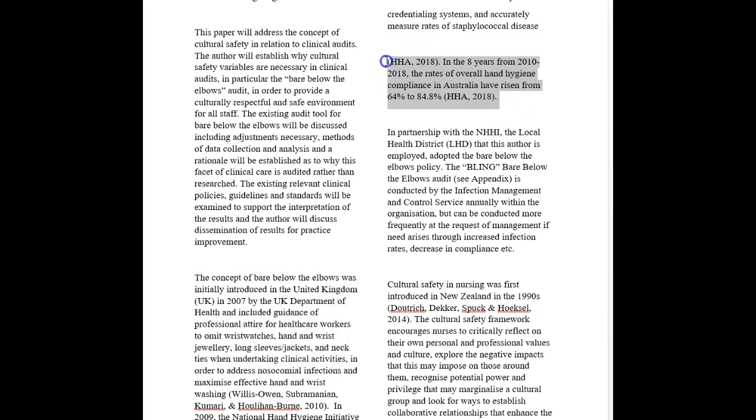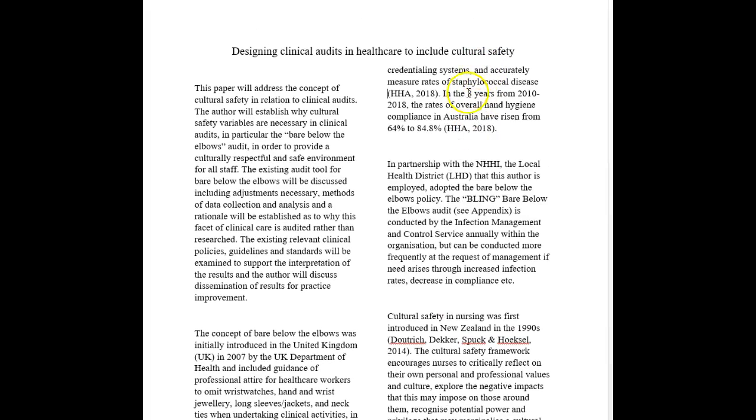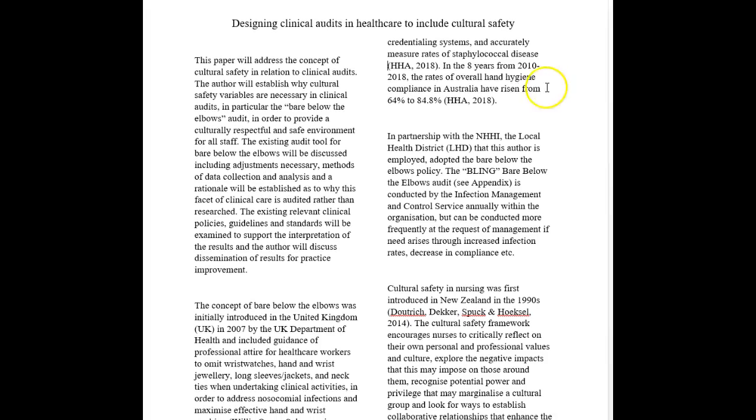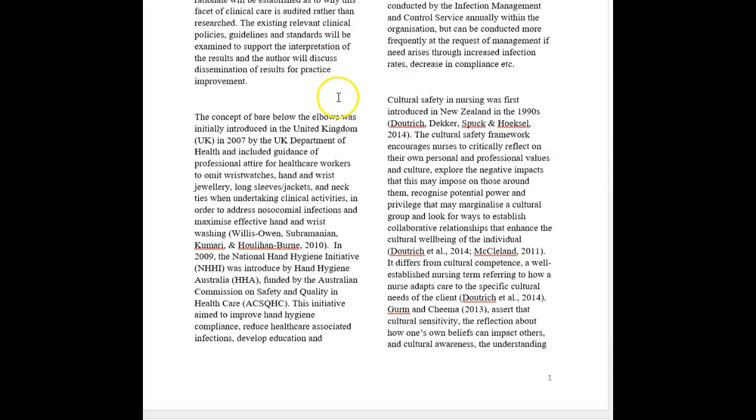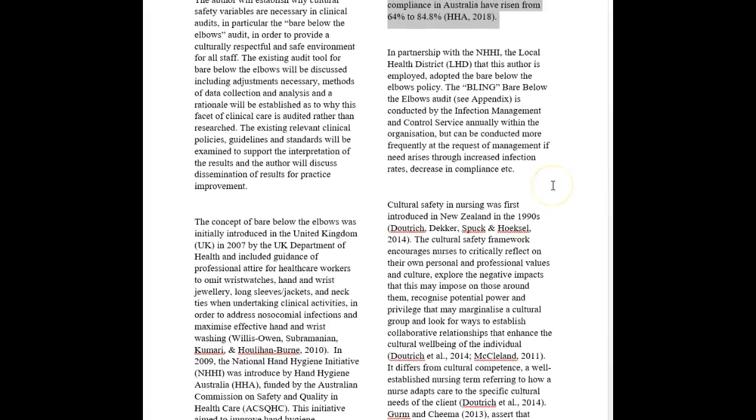So then this student goes on and gives some background. Now, one thing I would say is one sentence. This may have been because of the formatting. So I'd say that's actually what's meant to happen here. That wasn't supposed to be a paragraph on its own. So giving some context, you can see here she's talked about the importance of why we should be bare below the elbows.